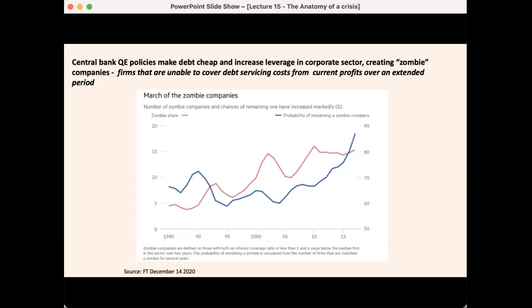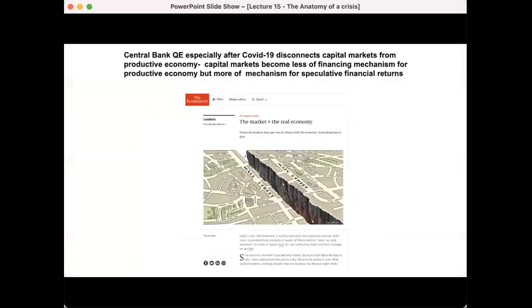But the idea that the market and that finance allocates capital efficiently really needs to be very, very strongly questioned, because the evidence would suggest that's not the case at all. Because fundamentally, capital markets have become disconnected from the productive economy.